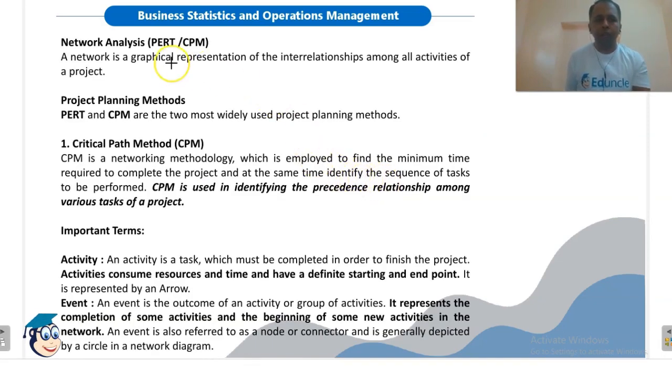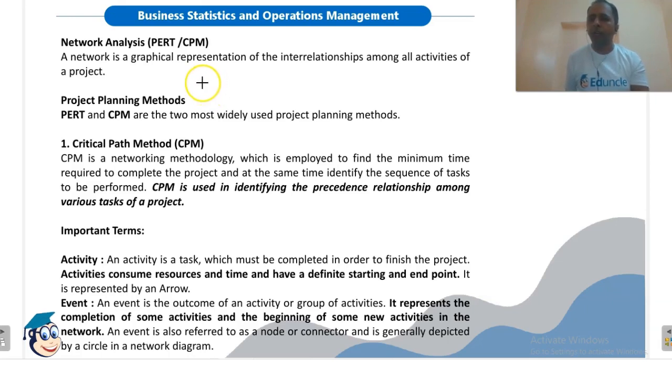Now, PERT and CPM, they are part of network analysis. What is a network? A network is a graphic presentation of the interrelationship among all the activities of a project. Now, in a project, there are various activities. These activities are connected with each other in the sense that some of the activities cannot be started before the finish of some other activities. A particular activity will be the starting activity.